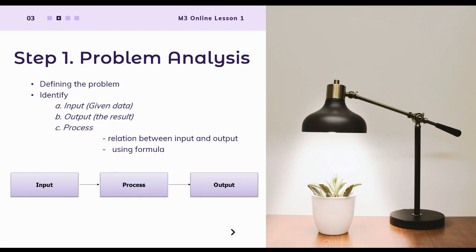And how are we going to solve the problem? What formula are we going to use? Is it addition, multiplication, or do we need a much more complex solution to the problem? So following these three details, again, it is important that we analyze what is the problem, what is the input, and the process and the output of the problem.